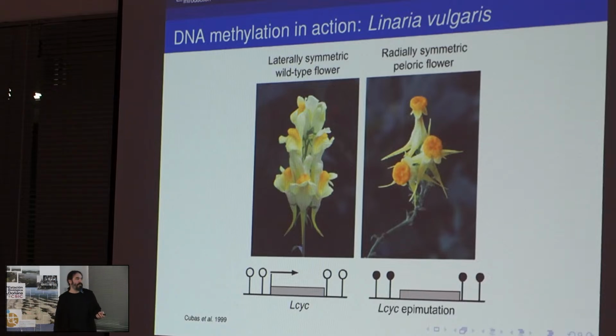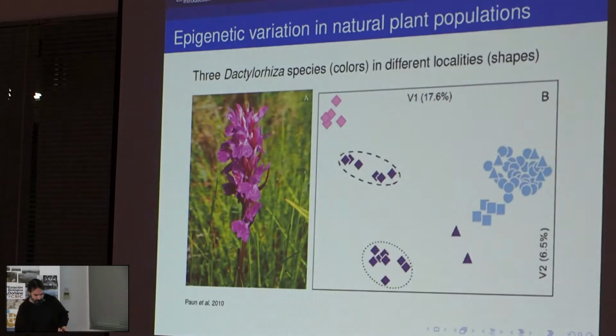However, when methylation is present in the flanking regions of this gene, the expression of the gene is inhibited, and we can see that this radial pentamer flower type is shown instead. So this is a contribution to phenotypic variation.